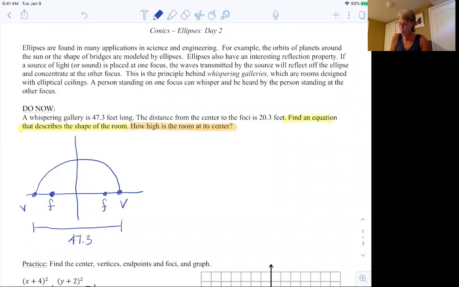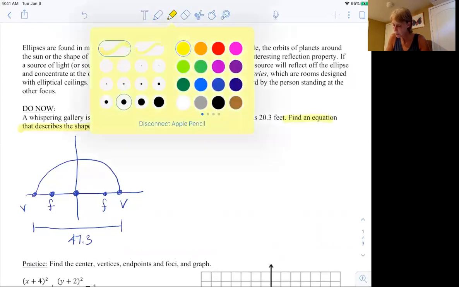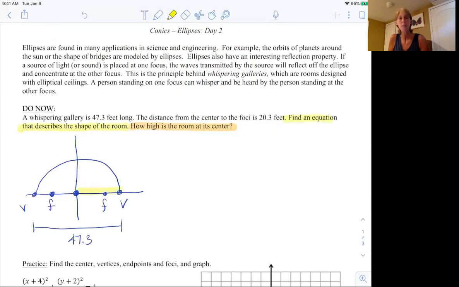So the distance from the center to that vertex is going to be my a value. And what I'm going to do is divide that number by 2, and I get a is equal to 23.65, and that's just calculable.